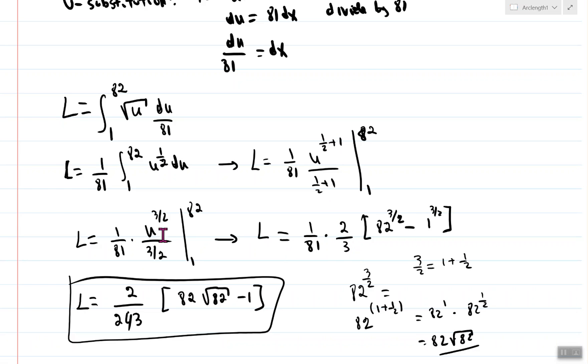Then you plug in 82 first, and 1 second, and then you take the difference. And you get 2 over 243 times 82 raised to 3 halves, which can be written as 82 times the square root of 82, minus 1. And we stop here. Thank you.